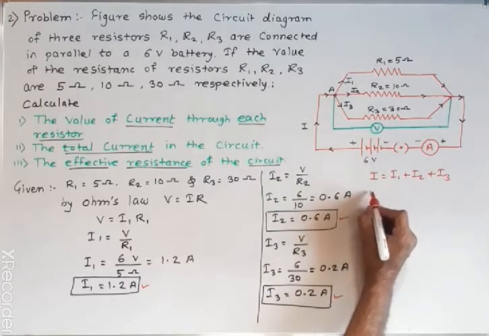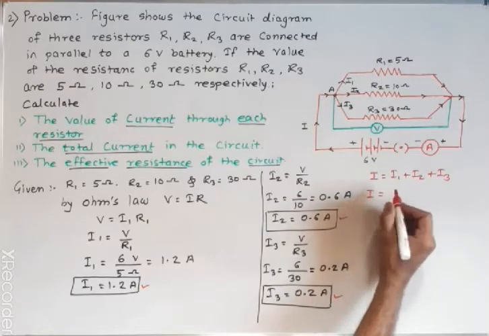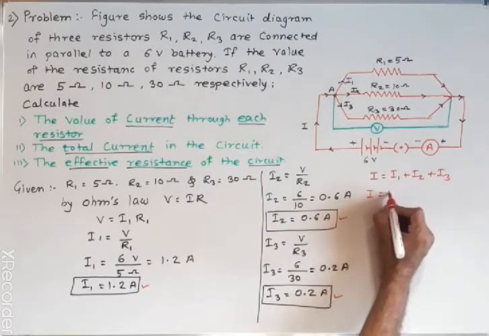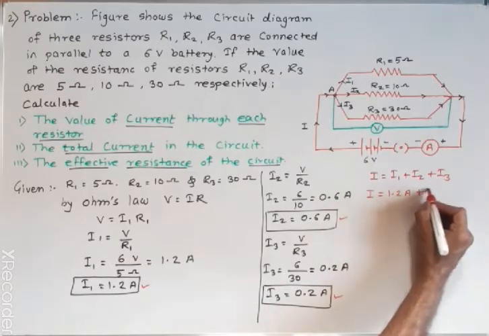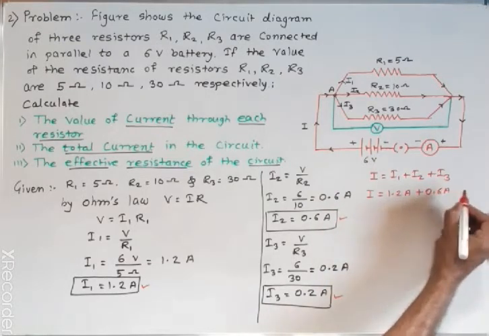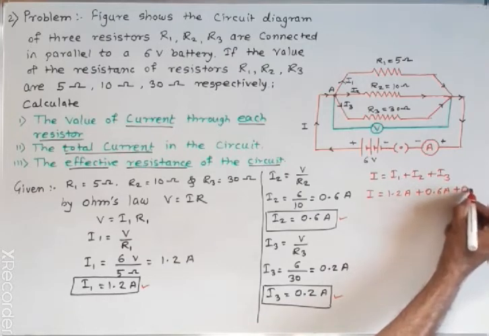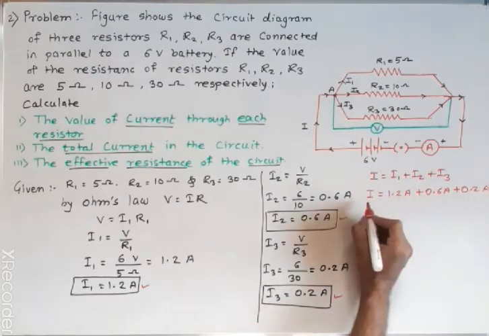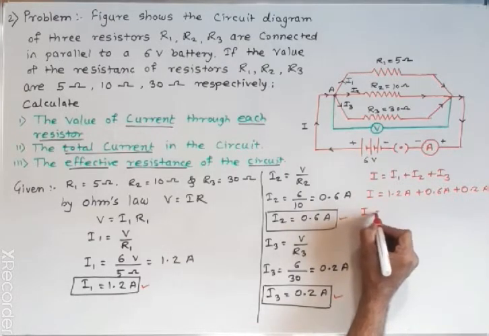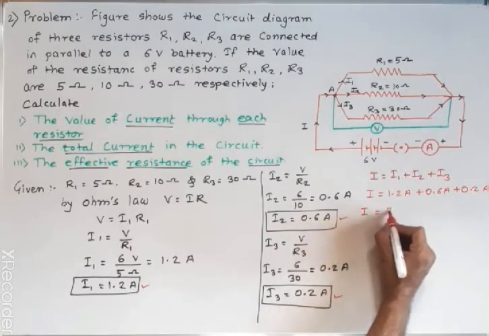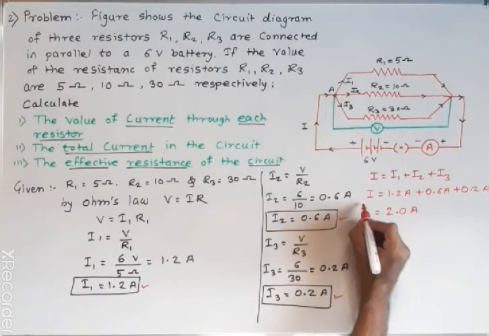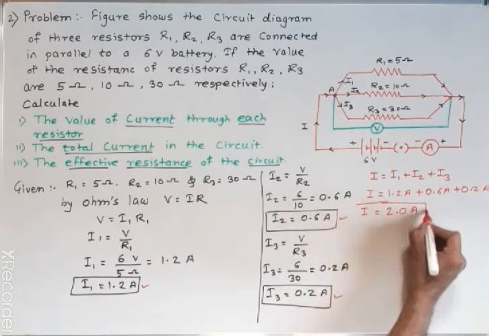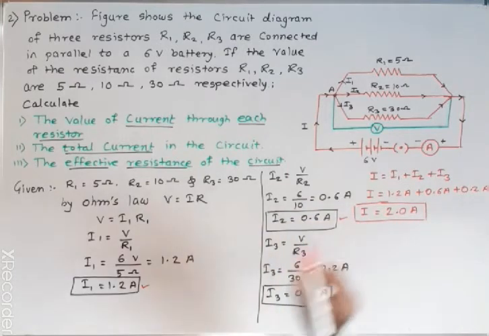So I is equal to 1.2 ampere plus 0.6 ampere plus 0.2 ampere. So I will get total current I is equal to 2.0 ampere, or simply 2 ampere, which is the total current flowing through this network.